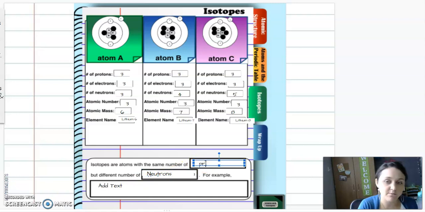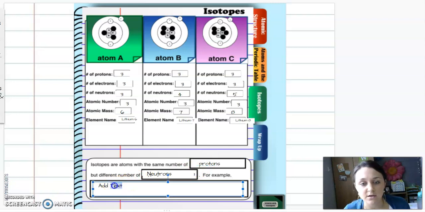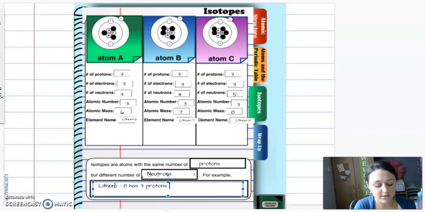So isotopes are atoms with the same number of protons. For example, lithium-8 has 3 protons, but 5 neutrons, as compared to lithium-7 with 3 protons and 4 neutrons.